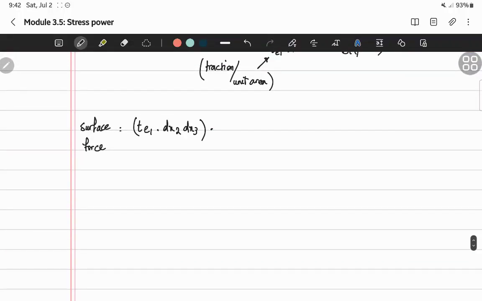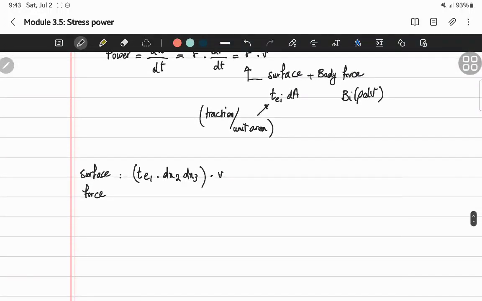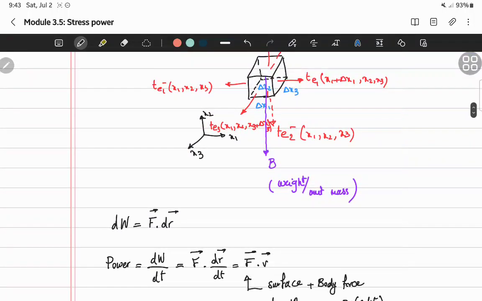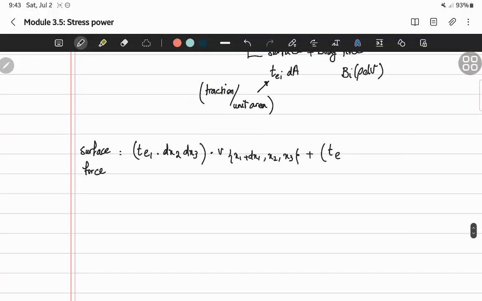Next we have v, the velocity, and this is for x1 plus dx1, x2, and x3. Plus, on the other side, we have TE1 minus dot dx2 dx3 dot v, then we have x1, x2, and x3.